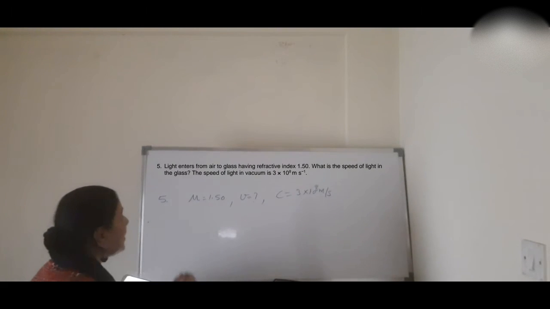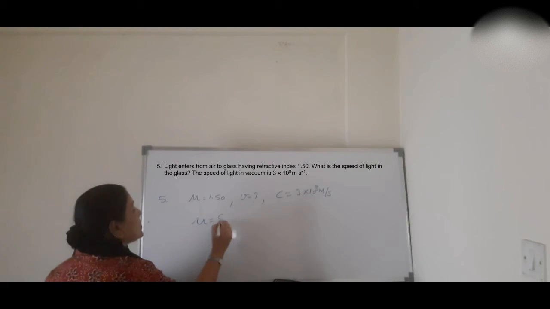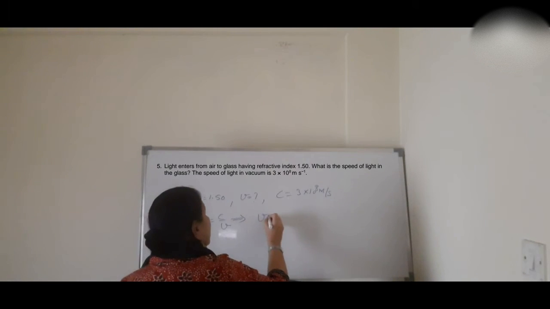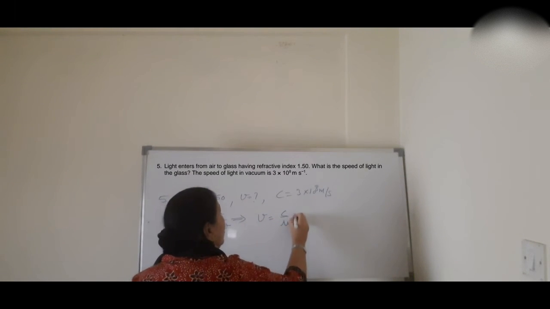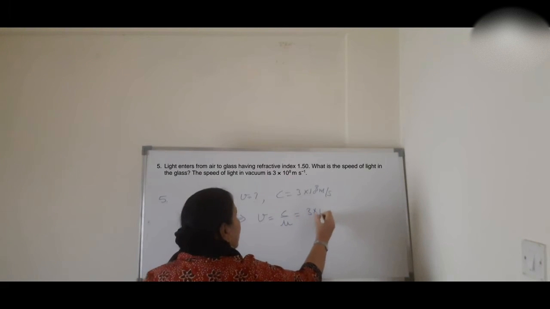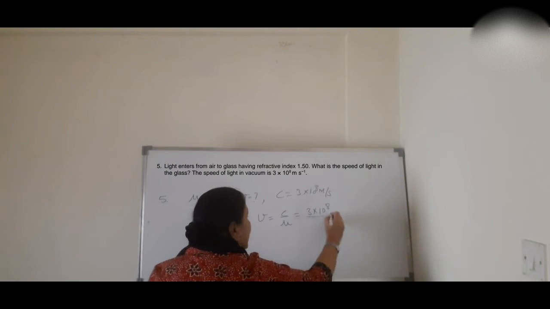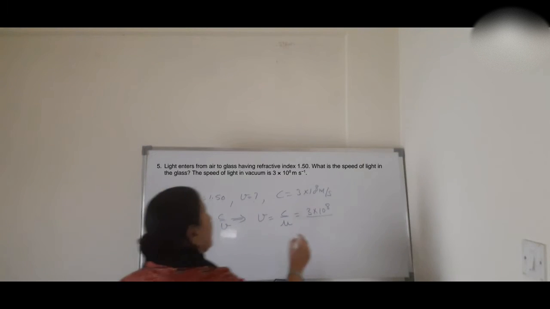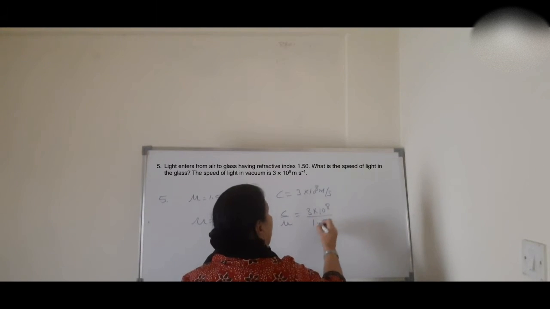So you have to find V. Mu or n is equal to C by V, that implies V is equal to C by mu. C is 3 into 10 to the power 8 meter per second, and mu is given as 1.50.